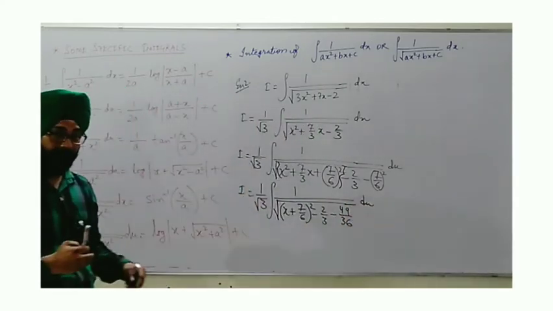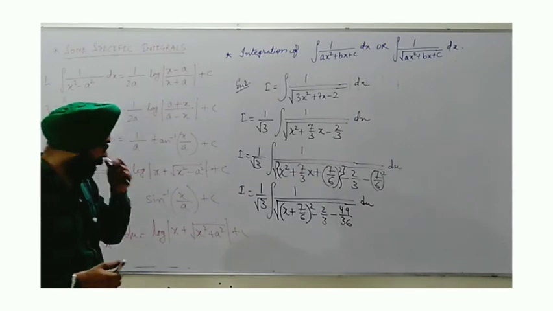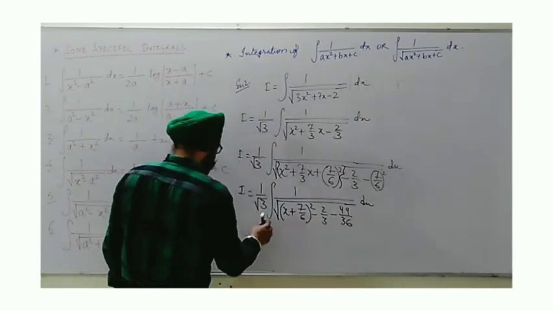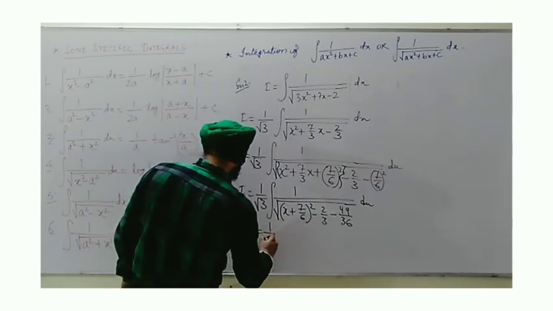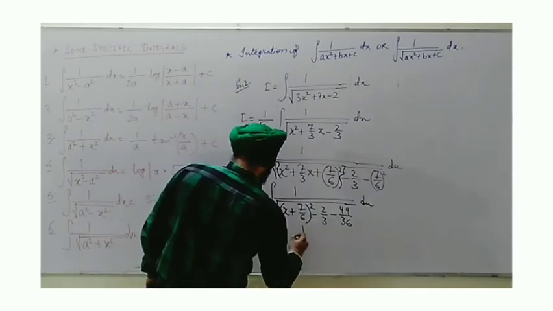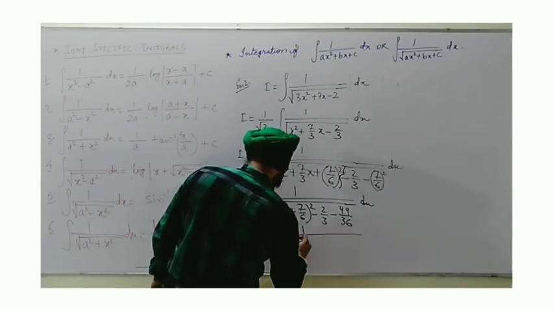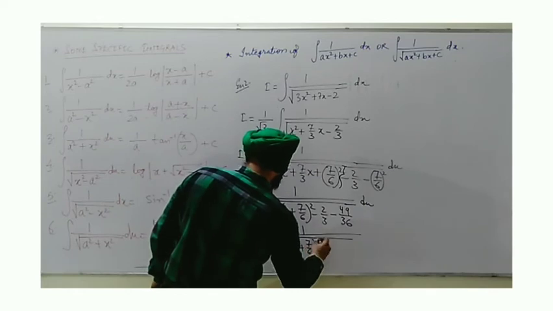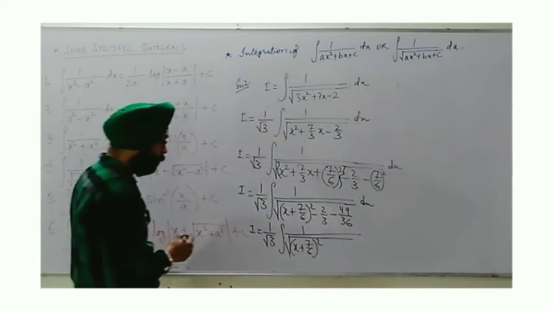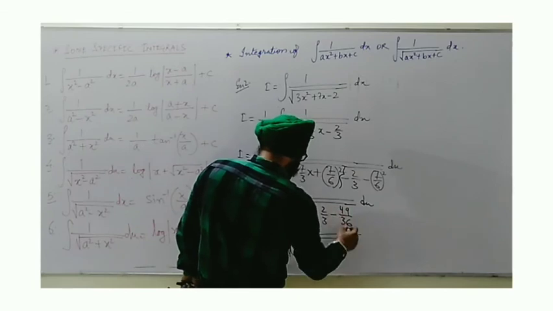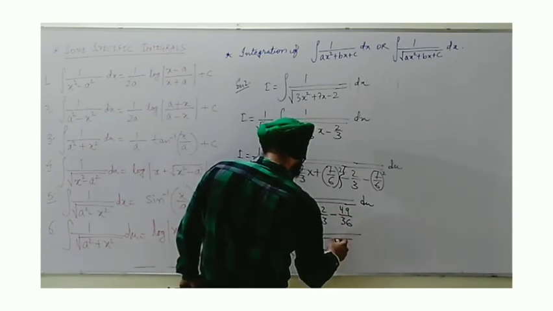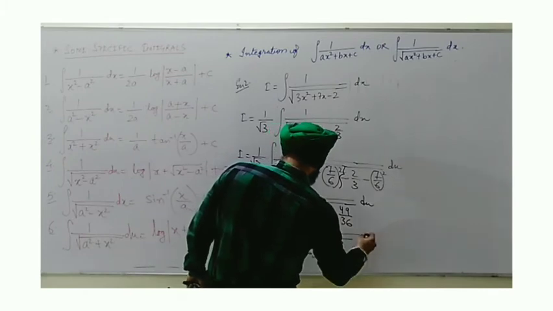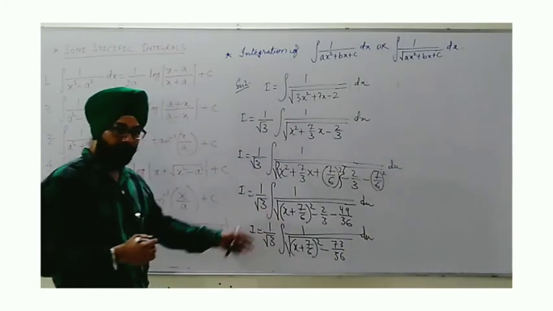Now those two constants will be solved by taking the LCM. 12 3s are 36 and 12 2s are 24. The sum of 49 and 24, we do. We get I as 1 by root 3, 1 upon under root x plus 7 upon 6 whole square minus 73 upon 36 here.